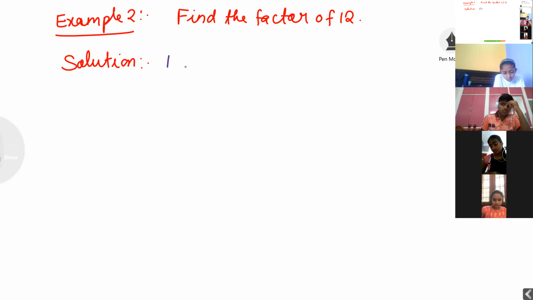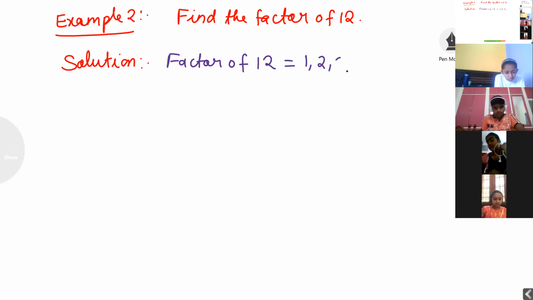Factor of 12 is equal to 1, 2, 3, 4, 6, 12.